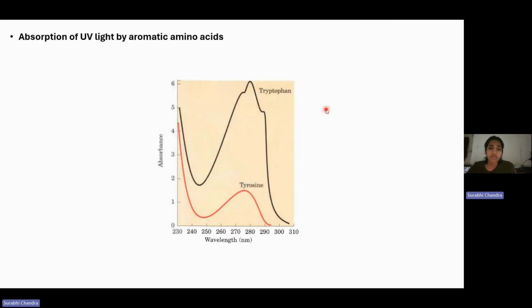So when we are talking about absorption at 280 nanometer, when we want to measure the concentration of a protein after purifying it, or when we purify a nucleic acid, whether RNA, DNA, or plasmid DNA, we need to check the purity of the sample for the presence of proteins, polysaccharides, any organic compound, or salts.